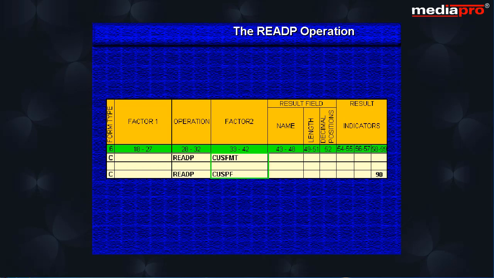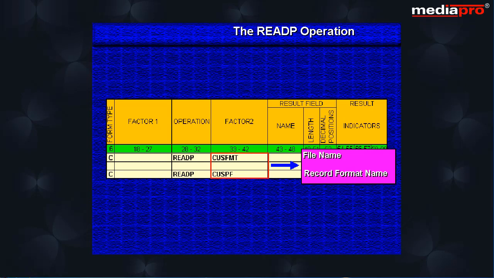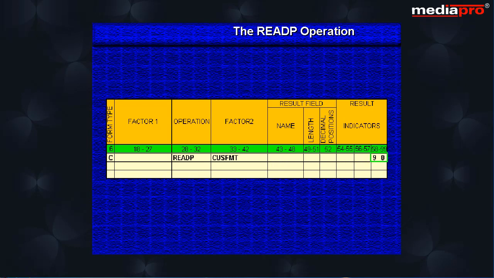The factor 2 entry is necessary and can be a file name or record format name. An entry is required in positions 58, 59 and is set on when the beginning of the file is reached. An indicator in positions 56, 57 is used for signaling errors.